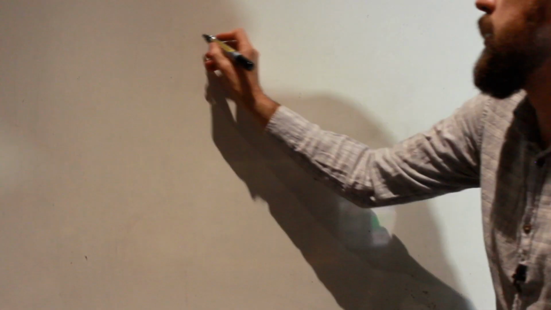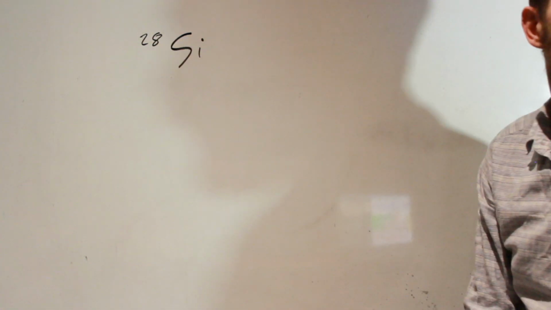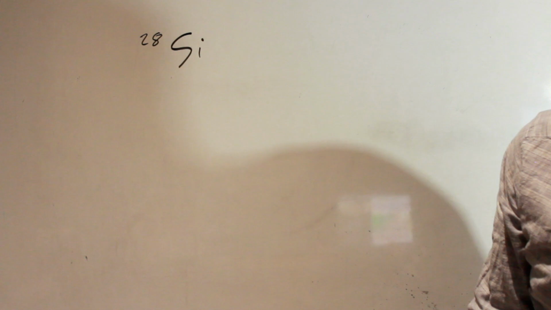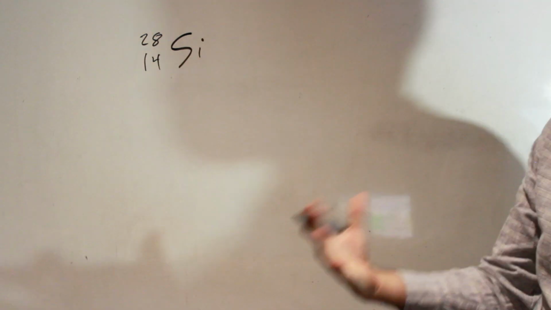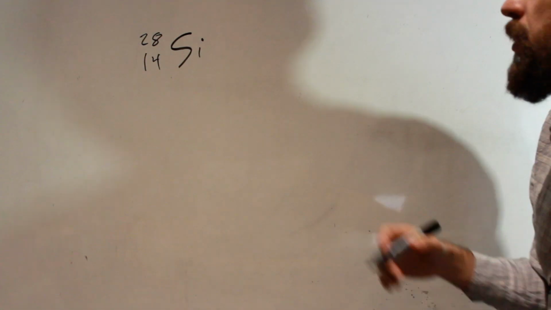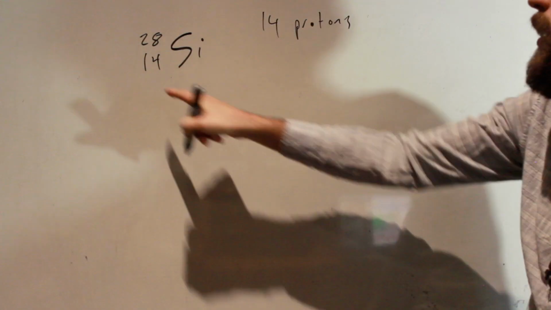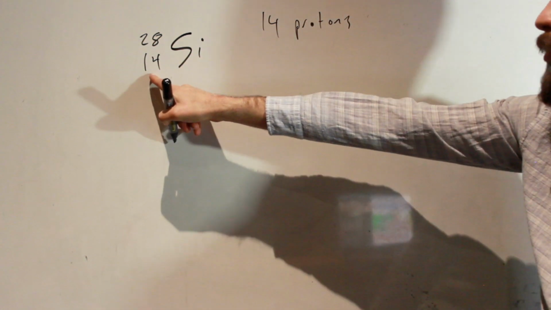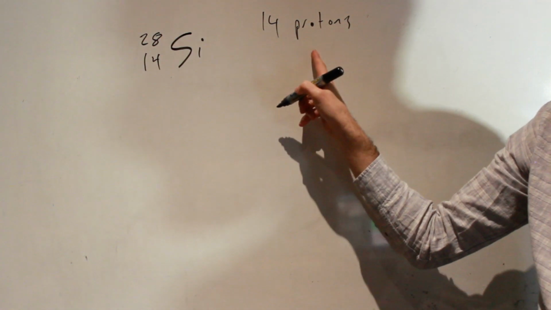So for the first one, we're given silicon has a mass number of 28. The silicon atomic number we can get from the periodic table, which will be 14. Straight away, the atomic number is telling us how many protons. So we have 14 protons because the atomic number is simply the number of protons. And that's what makes a silicon atom, is having these 14 protons.